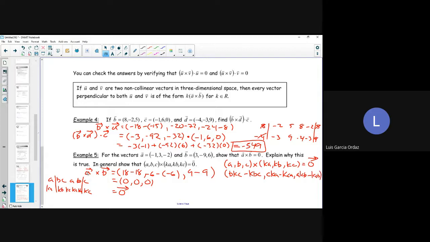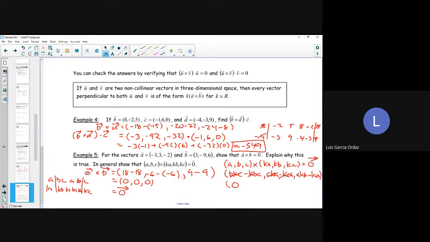So is bkc the same thing as kbc? Yes or no? Yeah. Because of the commutative property, when the numbers are being multiplied together, I can put them in any order, and they're going to be the same. So these cancel each other out, which gives me 0.